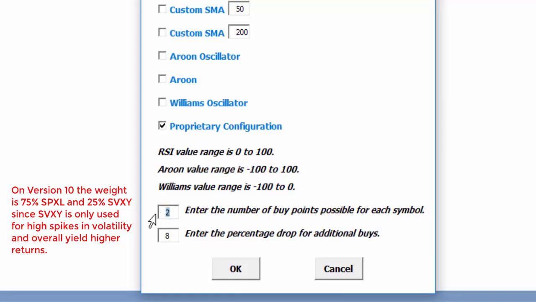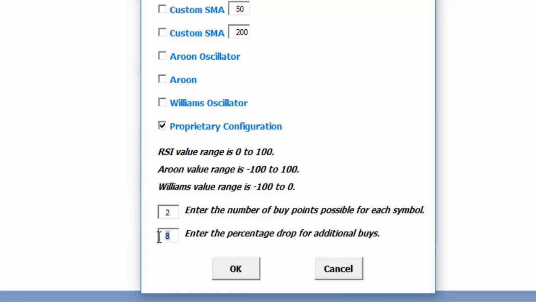Take this number and divide it, and it's going to be $2,500 per buy transaction until I hit the $5,000 for each one. For me to hit a second buy point, though, it's got to drop 8%. You can adjust these changes. Say you want to buy it 4 times on the dip, 3 additional beyond the first one, but the default is going to be 2 and 8. That seems to be the optimal setting.